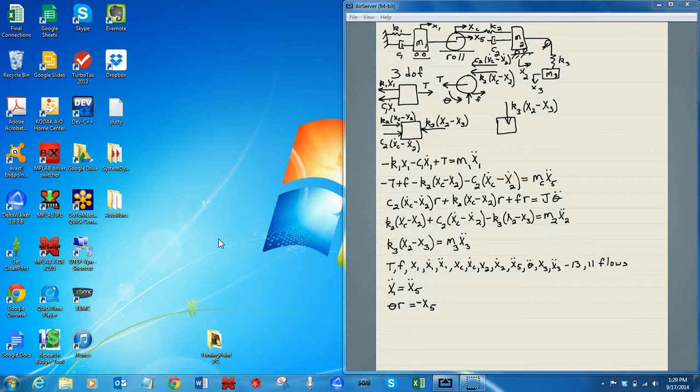Okay, there's also a relationship between xc and x5. xc is going to move twice as far as x5 because it's basically like a lever. If I were to draw something like this, x5 is in the center. It's essentially rotating around the bottom, and x5 is in the center, and xc is up at the top. The one at the top has twice the distance from the rotation as the center one.